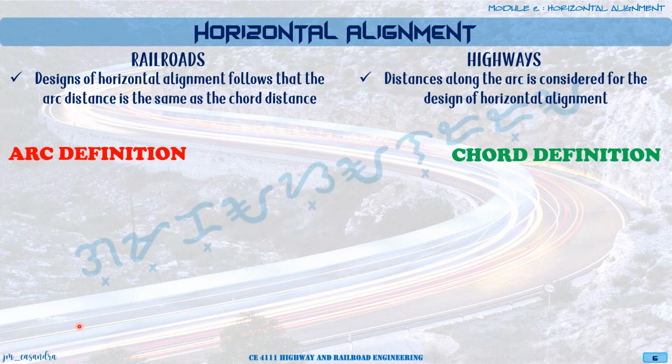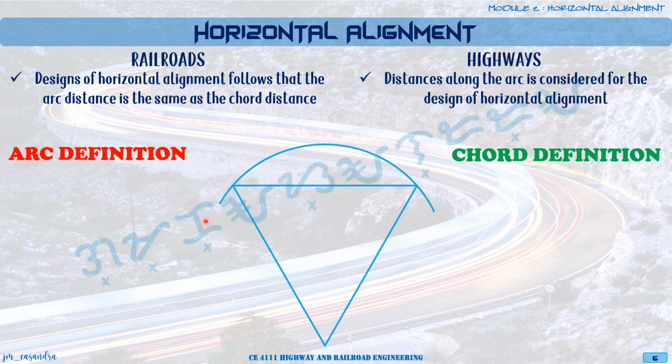For arc definition, from the term itself, we are referring now or going to solve for the degree of curvature in terms of our arc. So let's take into consideration this simple curve. So we have here your radius.